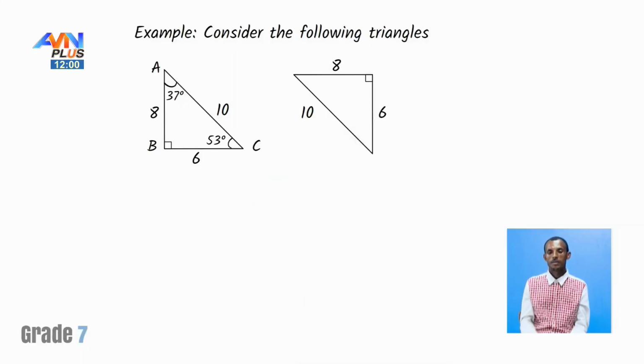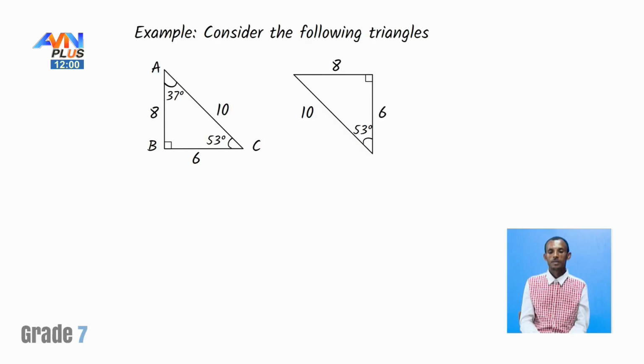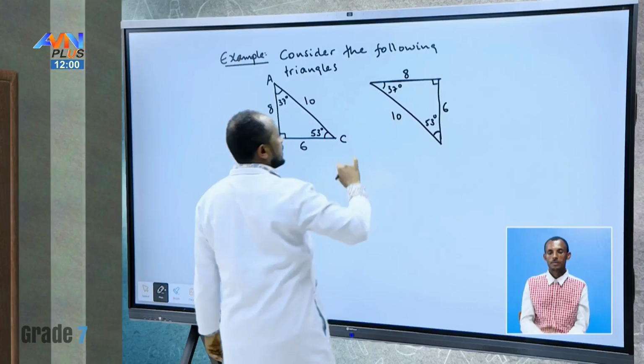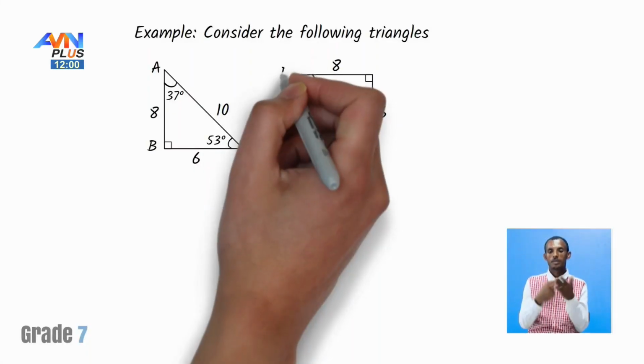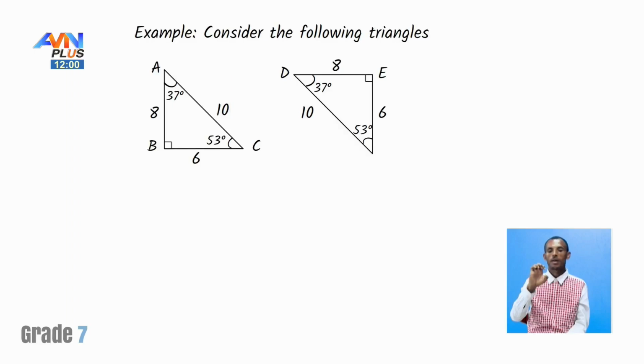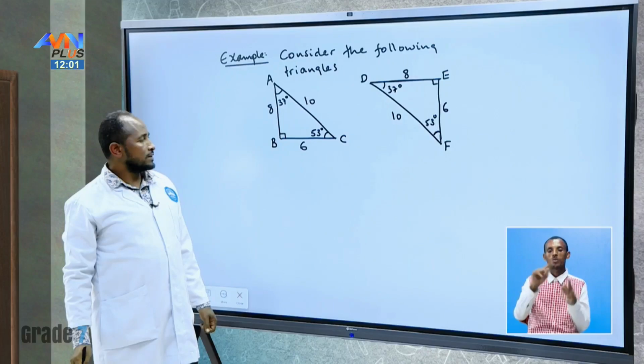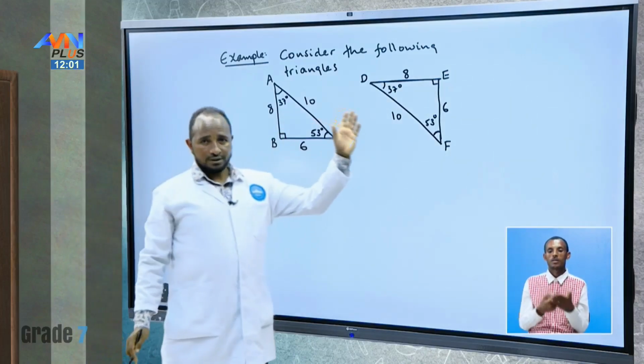This angle is assumed to be 53 degrees, and this one is 37 degrees. Let's assume this triangle to be triangle DEF. Now, using these two triangles, are they congruent?